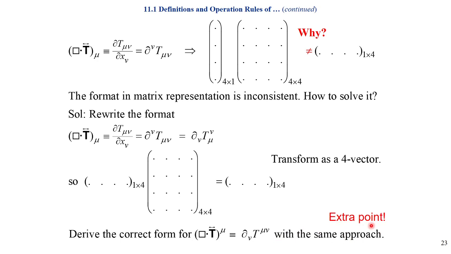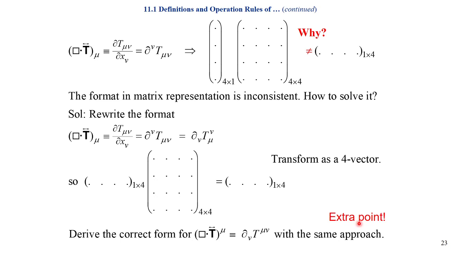It's an extra point. Send your answer to me, you get 1 point. Or upload the file to the extra bonus. Just upload the file to the extra bonus. If your calculation, your derivation is correct, you get 1 point.